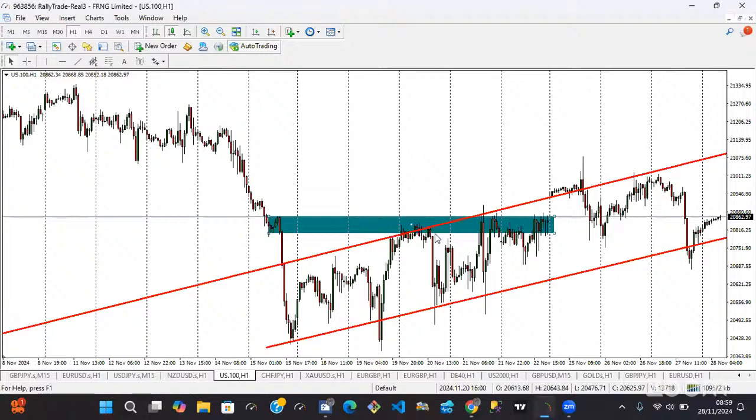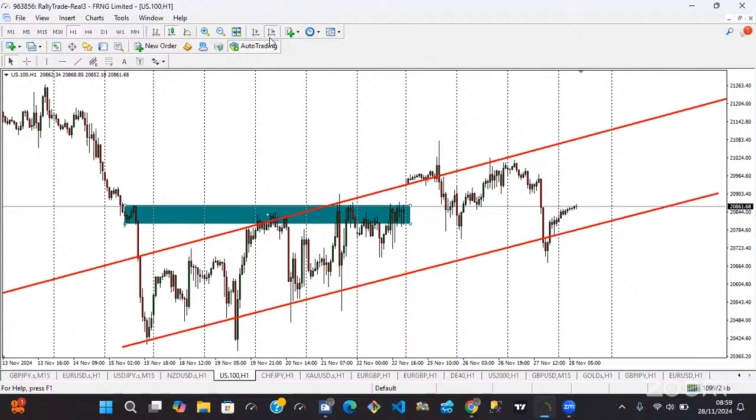So you must identify the origin first of all, before you know which one allowed which one to happen. Which one is the major one and which one is respecting another supply level, right? So that's one. We can see that there was a clear gap up here, and that gap up was what pushed price to the upside.